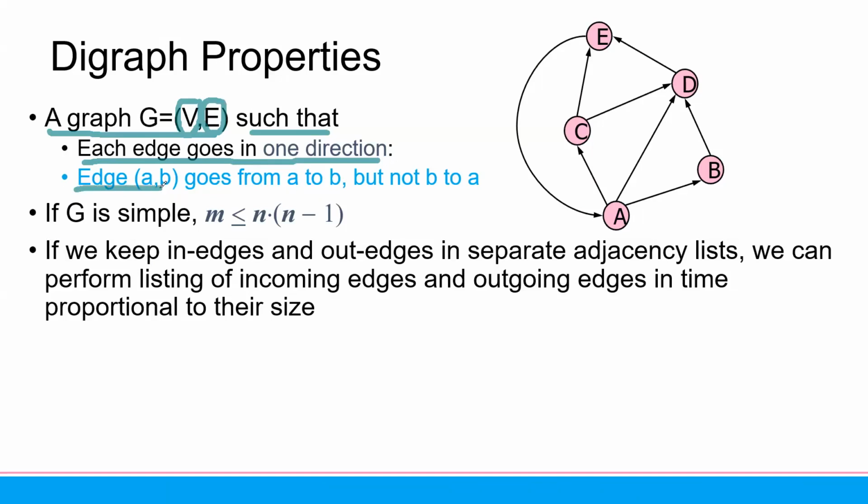So this means that at A, B, it goes from A to B, but not B to A. If G is simple, simple means every graph will have only one particular edge like this one. So m, the number of edges, is less than or equal to n multiplied by n minus 1.